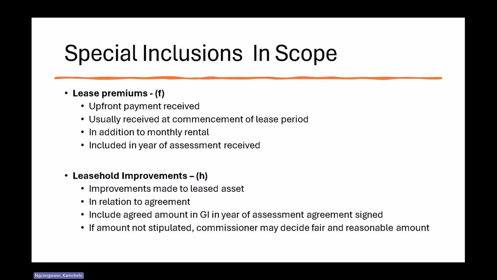If I'm an individual, I could get around paying SARS a lot of money by including in the lease agreement, you need to make improvements to my house, and I will charge you less in rentals. Since rentals have to be included in my gross income, if I'm charging you less, SARS is collecting less. By including these improvements in your gross income, it makes sure that SARS is collecting what it would collect had this not been part of the lease.